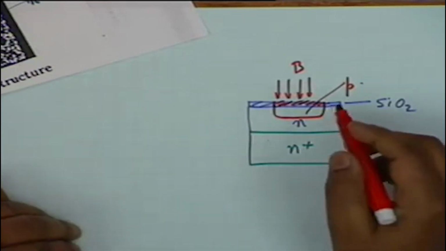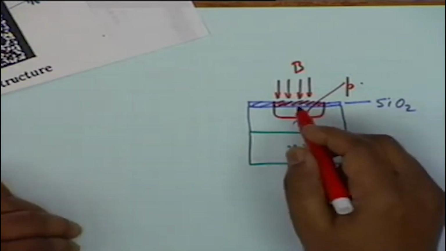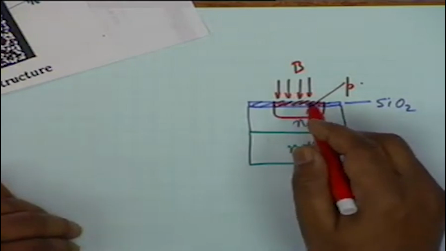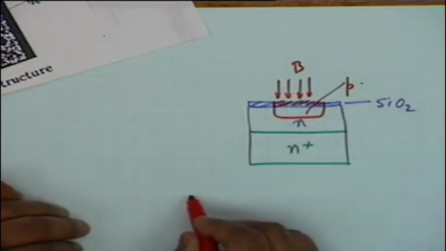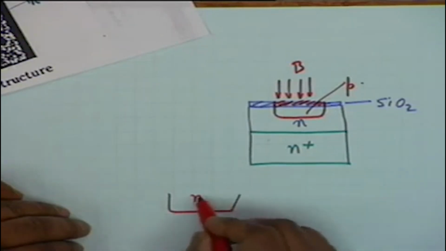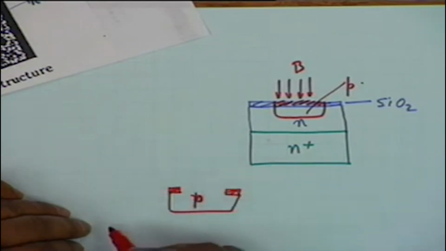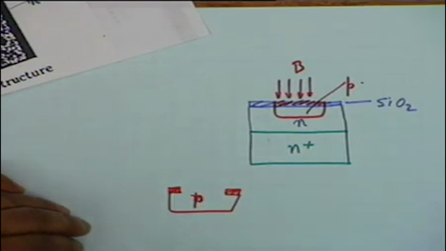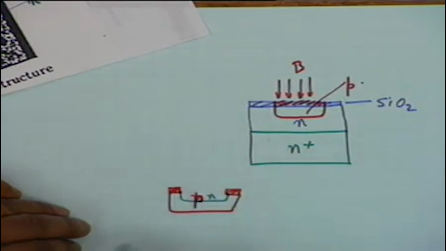Then you oxidize again and then make another window. So on P, you have grown silicon dioxide and you have removed a part. Then you pass a phosphorus gas, for example, so that you make another N region.